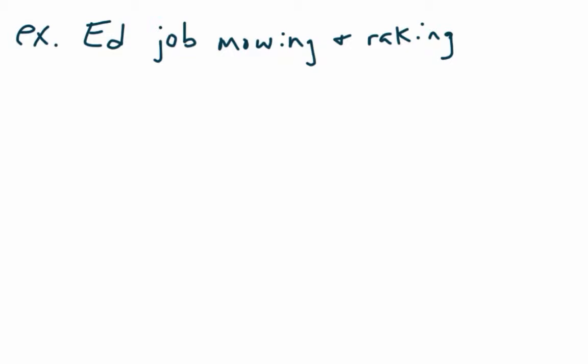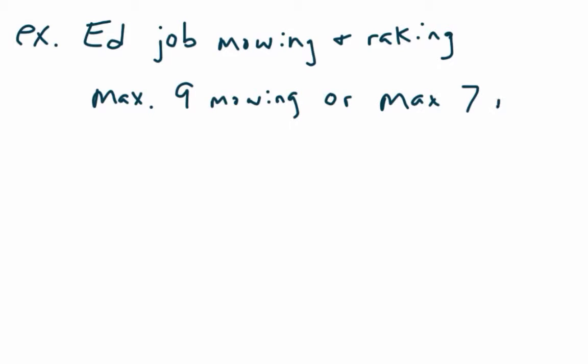In 1 week, he has a maximum of 9 mowing jobs, or a max of 7 raking jobs. So if he just mows, he can get 9 total. If he just rakes, he can get 7 total.